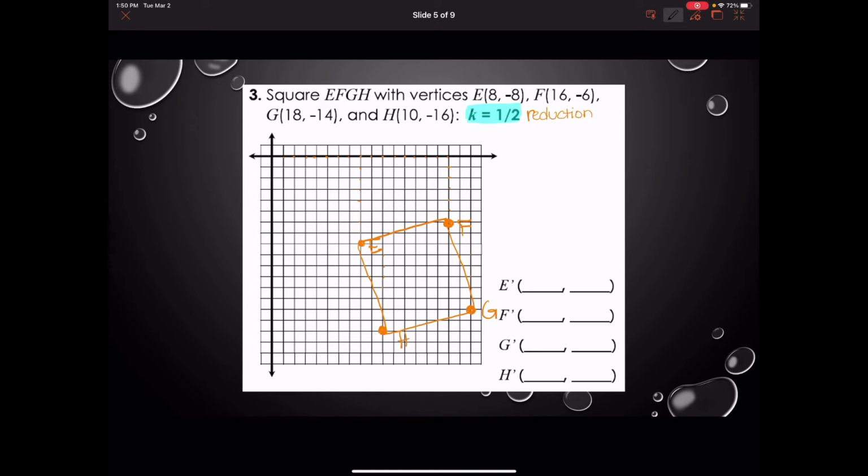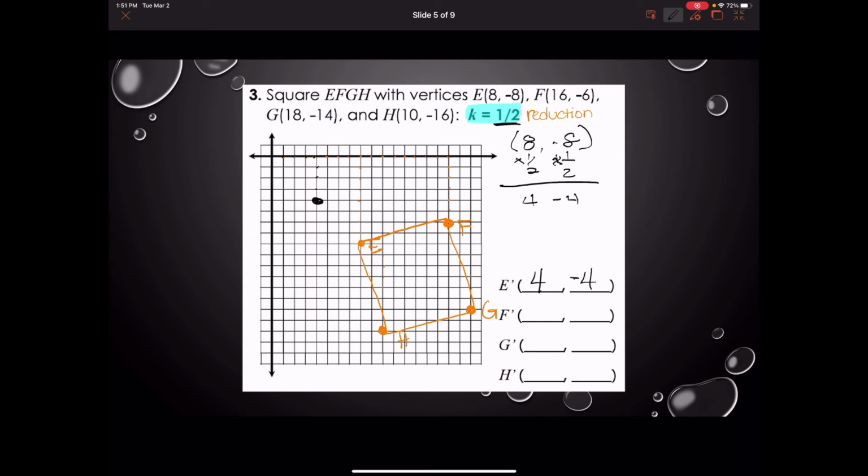What I do is multiply by 1/2. You can get your calculators and take your ordered pair and multiply 8 times 1/2, which gives me 4. And then -8 times 1/2 gives me -4. That is my new ordered pair. So I'm going to go right 4 and down 4.